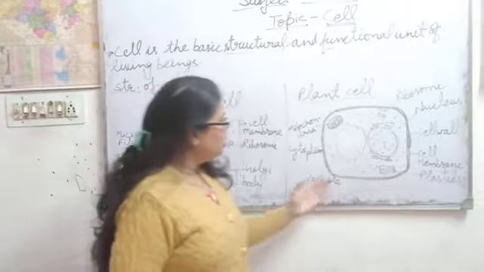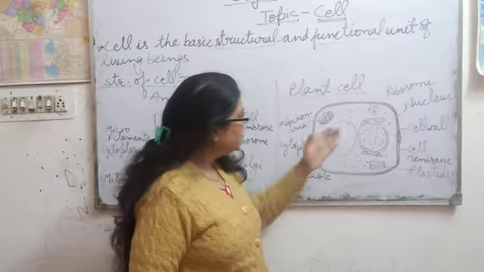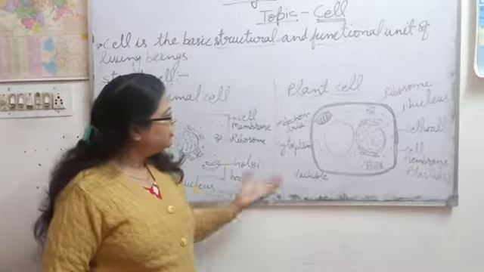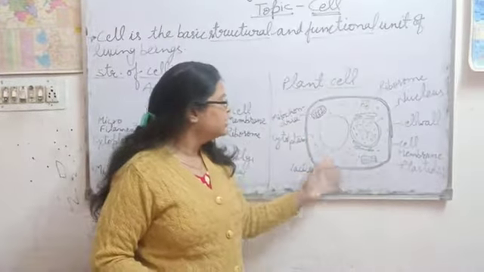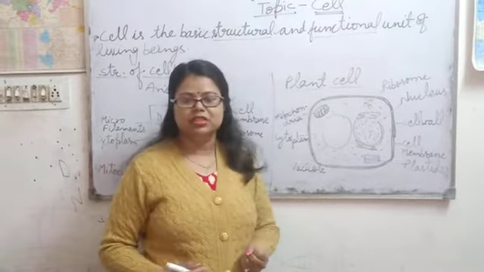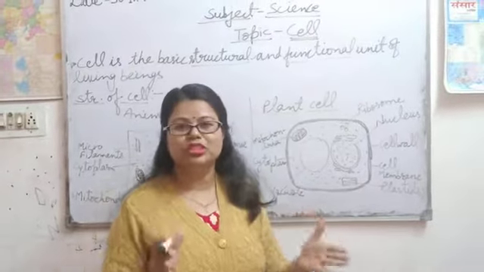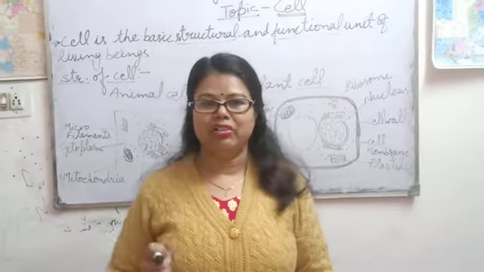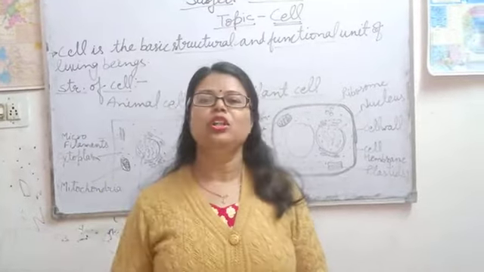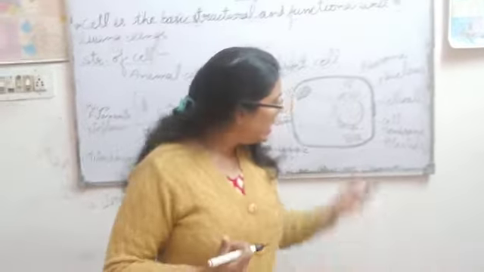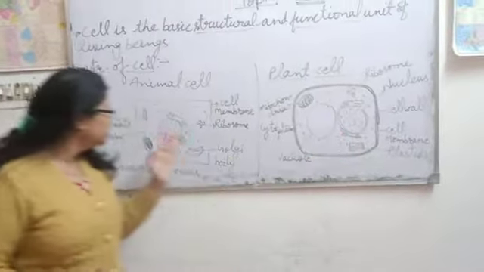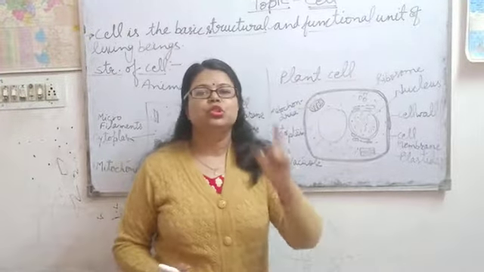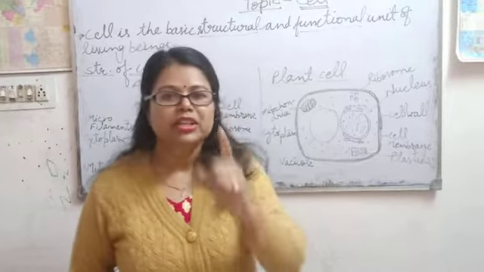Now we come to another point: the cell has different types of cell organelles. The nucleus is the main important part of the cell. Like in the human body the brain is the main important part because the brain controls all the functions of our body, in the cell there is a nucleus. The nucleus is actually the brain of the cell, the master of the cell.